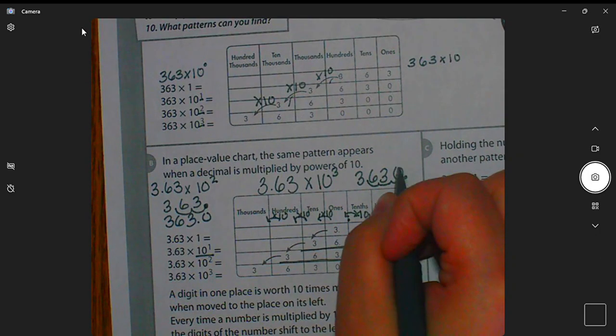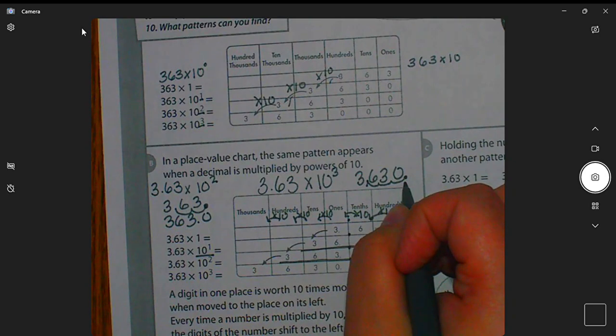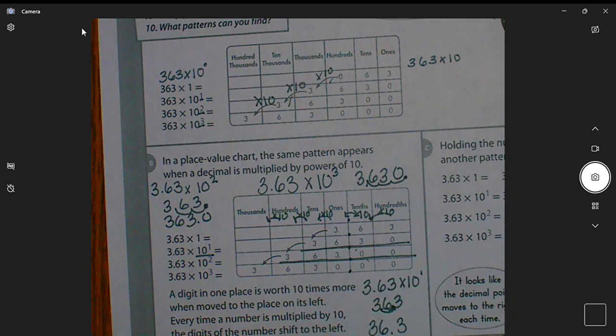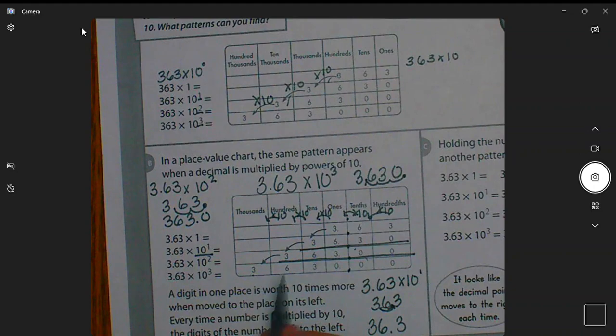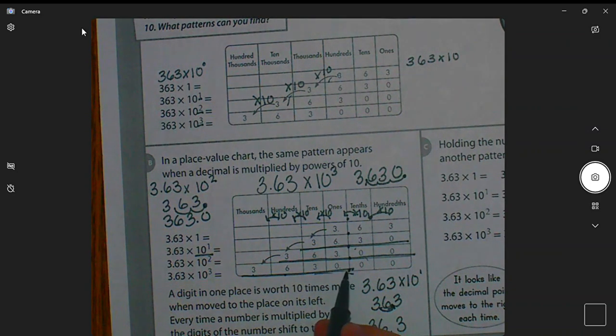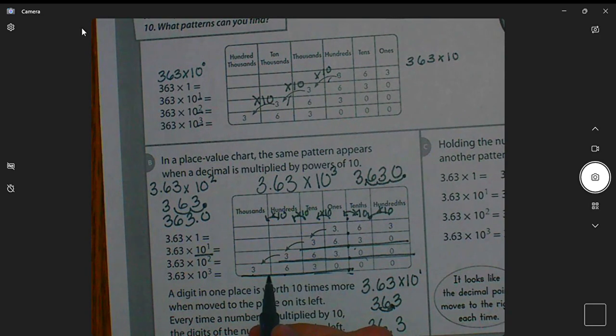I have 3,630 as my final number. And I can double check. 3,630. Because my decimal, 1, 2, 3, would be the same if I had to move the decimal back.